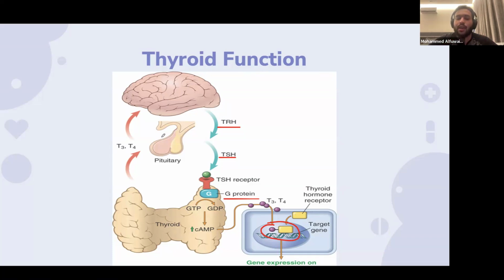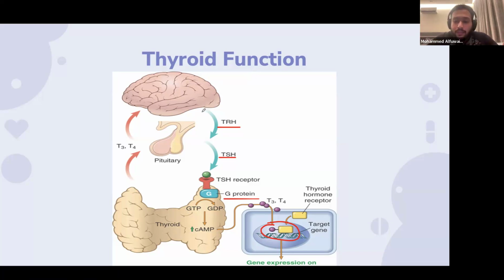In the pituitary, is it primary, secondary, tertiary? Secondary. And from the hypothalamus, it's going to be tertiary. Now, if you have low T3, T4, is this hypo or hyperthyroidism? Very easy. Hypo. If it's high T3, T4, it's hyperthyroidism.